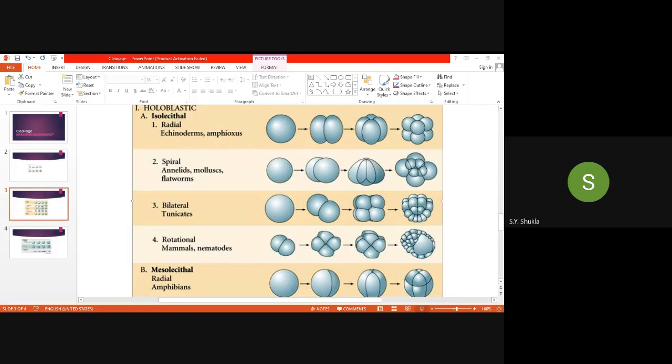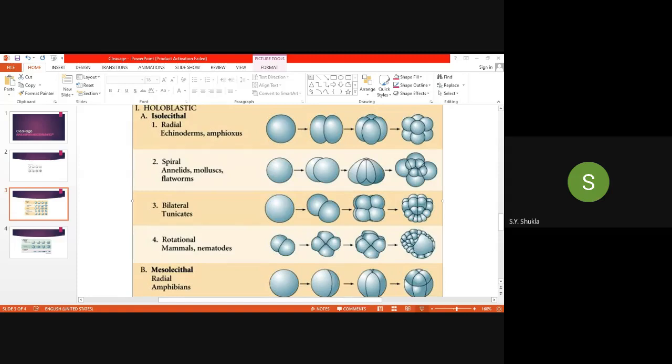And what is the mesolecithal egg? Yolk is there, but it is either toward the animal pole or the vegetal pole. Meso means moderate, medium. That means a moderate amount of yolk is present in them, but they also show complete division, so it is placed under the holoblastic cleavages, which is shown by the isolecithal eggs and the mesolecithal eggs.